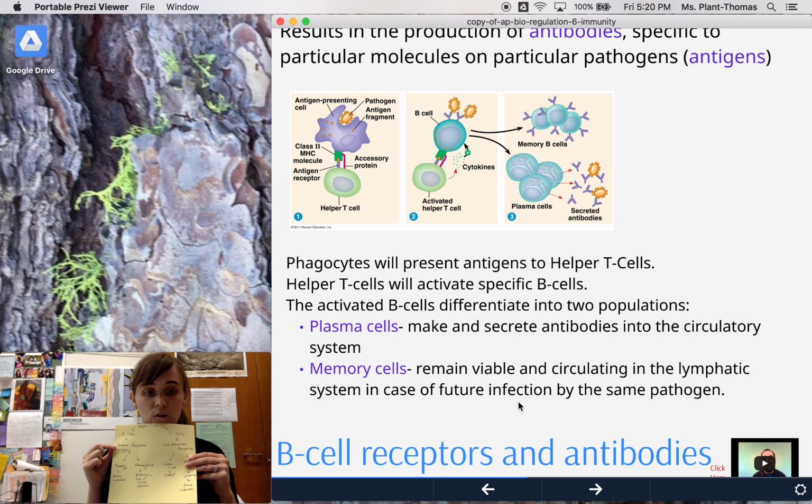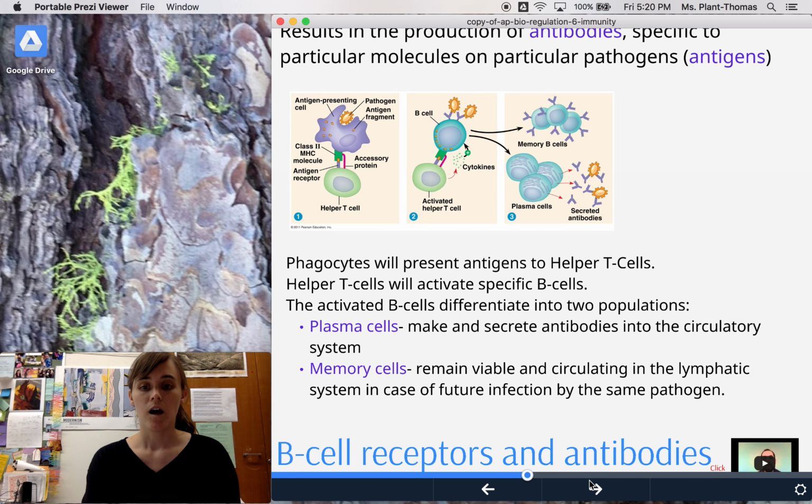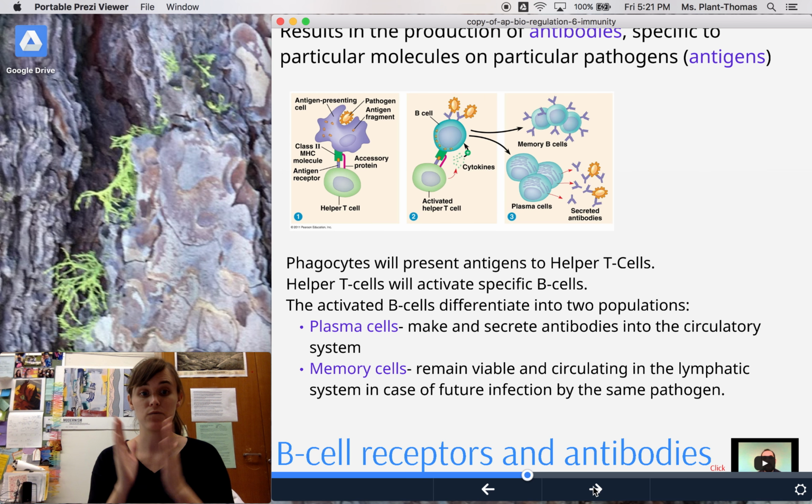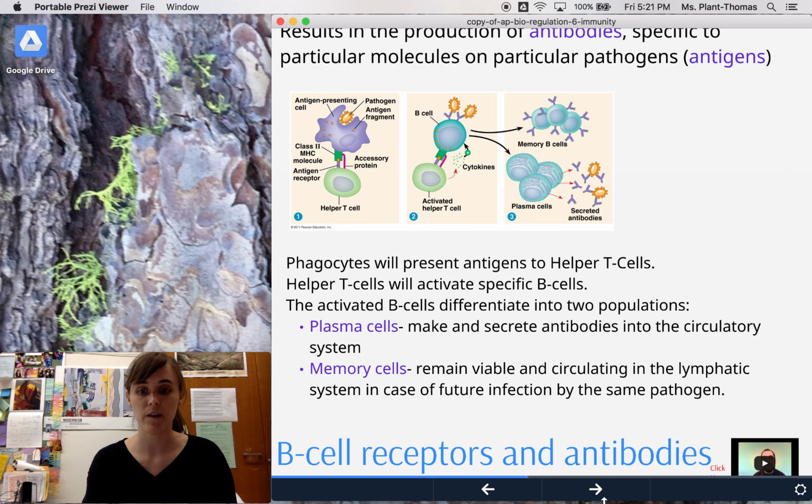This is the humoral or antibody response, and we have our plasma B cells and our memory B cells. Plasma B cells make antibodies. Memory B cells stick around in case there's another infection of the same thing, right? Not just any other infection. This is not non-specific. This is very specific. Another infection of the same thing.